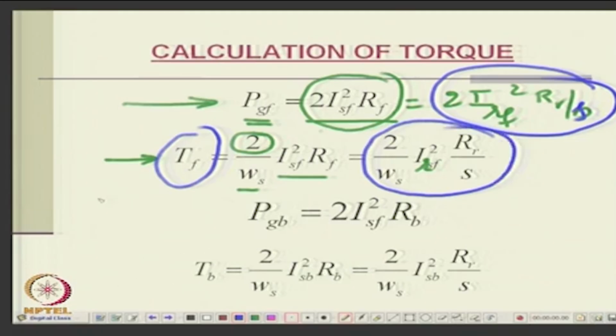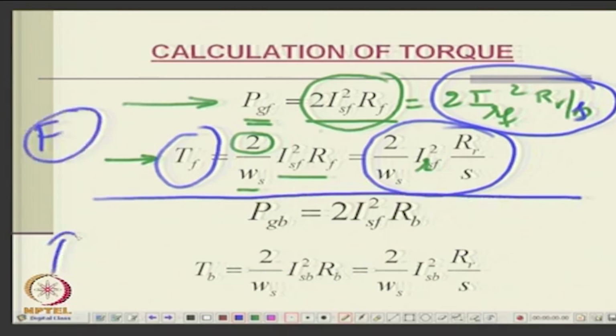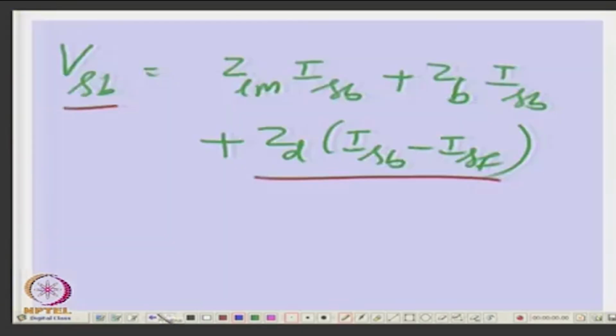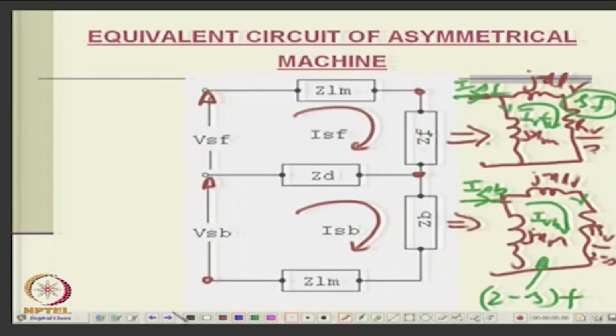Now this is about the forward torque. Now the backward torque will be PGB, that is the power fed to the backward field from the stator, which will be twice ISB square RB, is not it, twice ISB square RB. Okay, this is ISB because this is nothing but RB plus JXB.